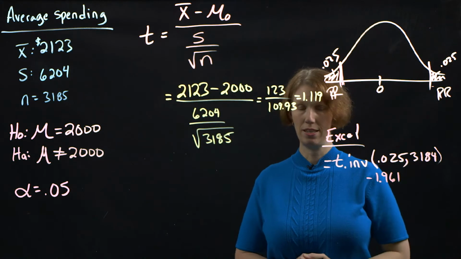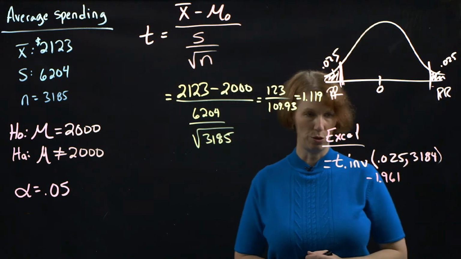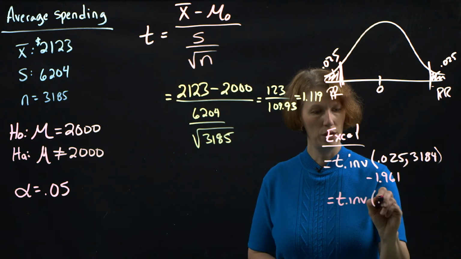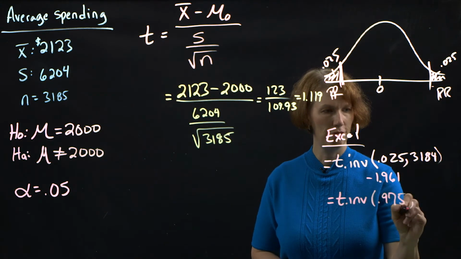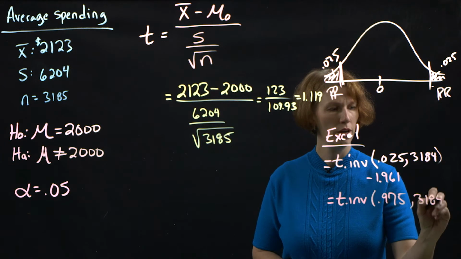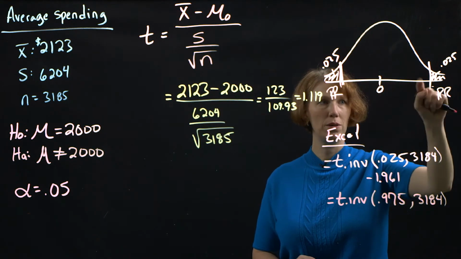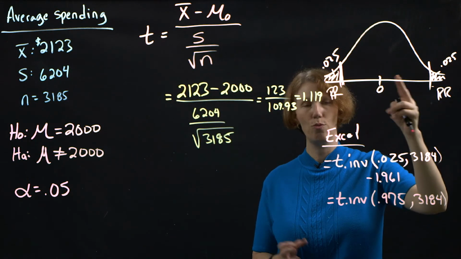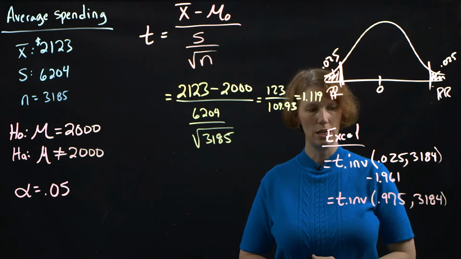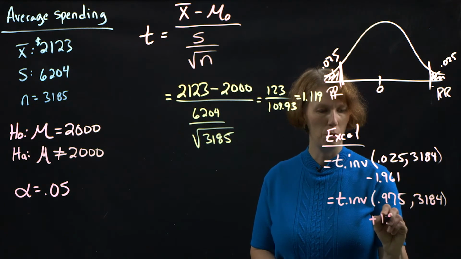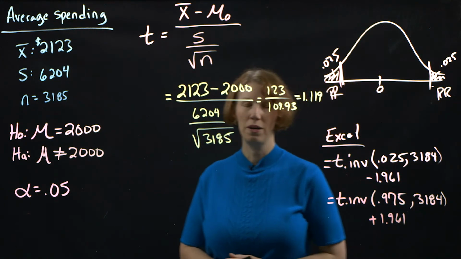If we wanted to find the upper critical value in this case using Excel, we would type in 0.975 and 3184. What Excel is doing is it's calculating the cumulative probability up to this point. And remember that the area under the curve must equal 1. So here, given symmetry, it's very straightforward, it's positive 1.961.